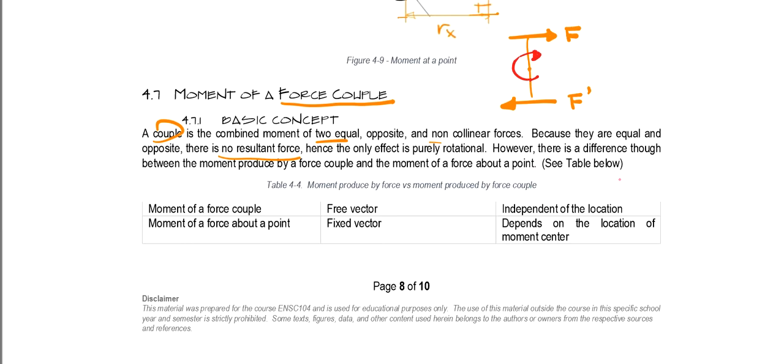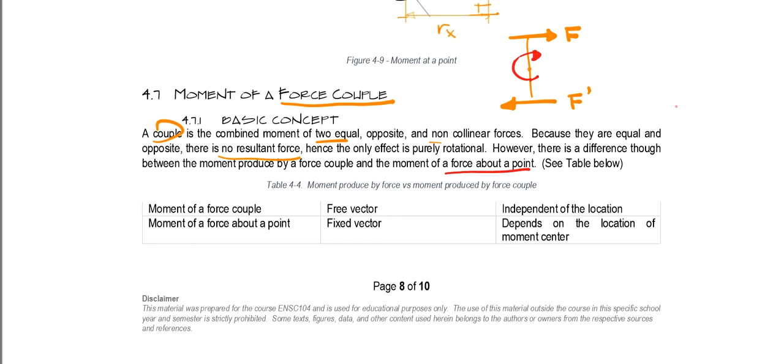However, there is a difference between the moment produced by a force couple and the moment of a force about a point. Last time, we dealt with the moment of a force about a point, right? But this time, we see that the force couple can also produce moment.